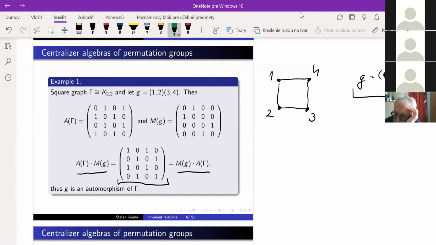And if I check this on the picture, 1 is going to 2, 2 is going to 1, 3 is going to 4, 4 is going to 3, then really 1, 2 is an edge, 1, 4 is an edge here now on the image, and so on. I can honestly check that this really works.